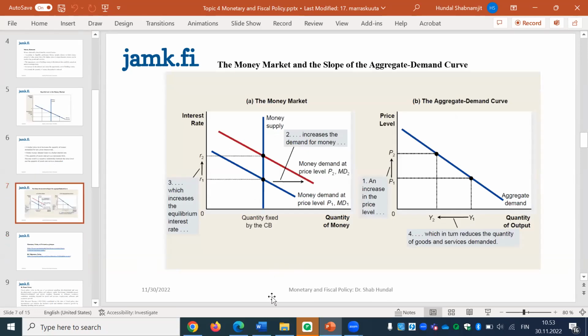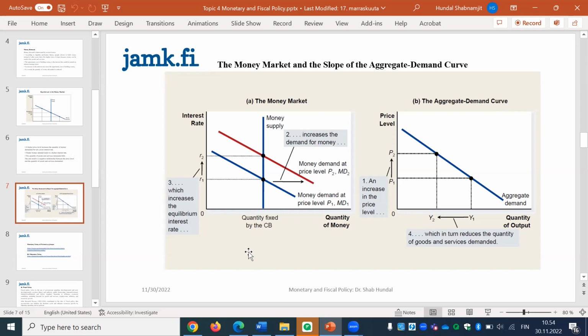So you can see that, point number one. The two sides are the money market and the real market. The right-hand side picture, this B picture, is the demand that we have studied in the price mechanism chapter. And this left side picture, the money supply and demand for money, is all about monetary policy.